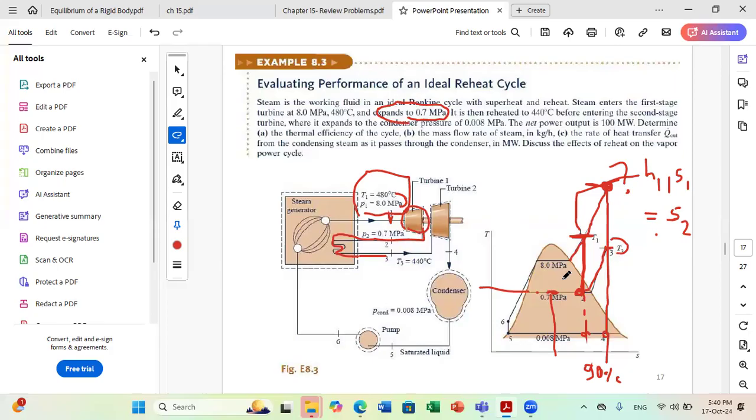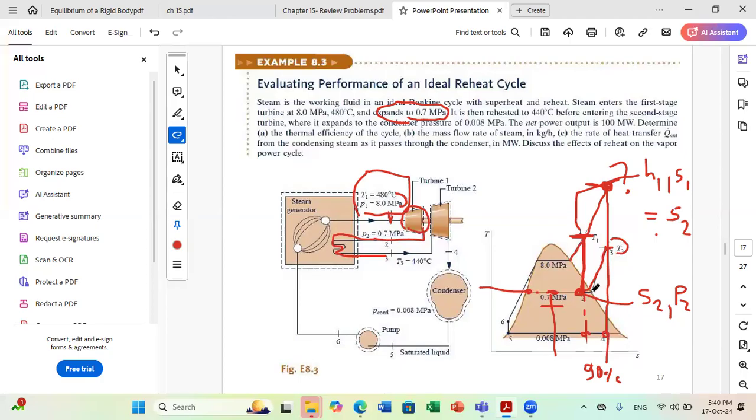Okay, so now for this point, once we know two properties, we know S2 and P2. So since we know the pressure, we can know that we are in a change of phase, because if you go to the table of pressure entry for mixture, you know that at saturated mixture state, they give you SF and SG.